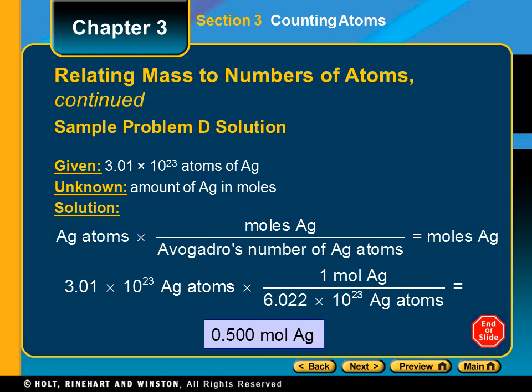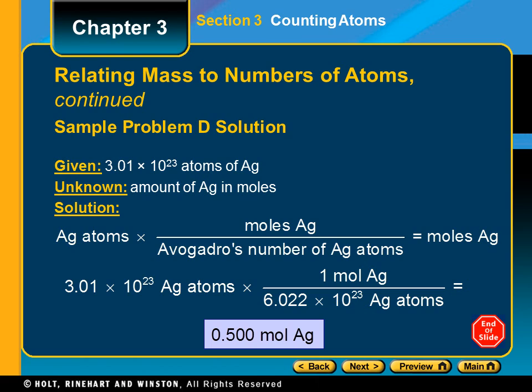Now, guys, this could be a multiple step problem. It could have said figure out the amount of silver in grams, right? And so you would have had another conversion factor you would have put in, because you could go from number of atoms that you were given of silver, convert it to the moles of silver, which you had 0.5, and then do the other conversion to convert it to grams of silver.